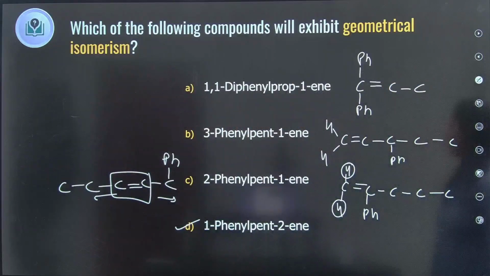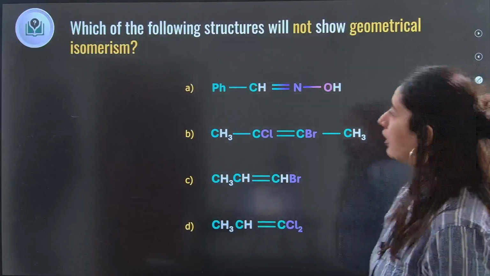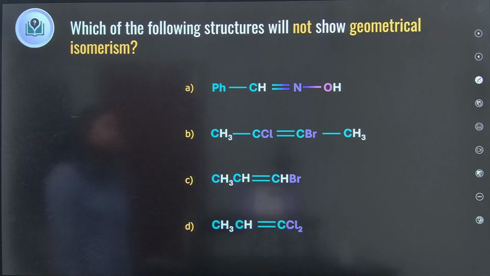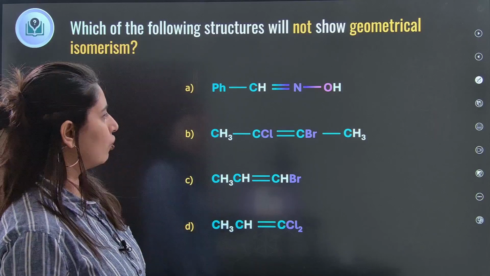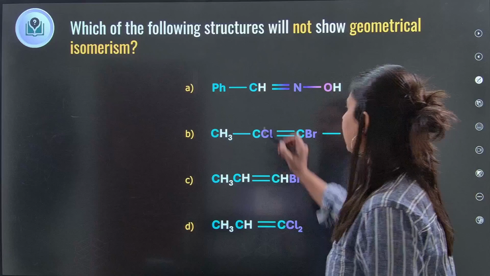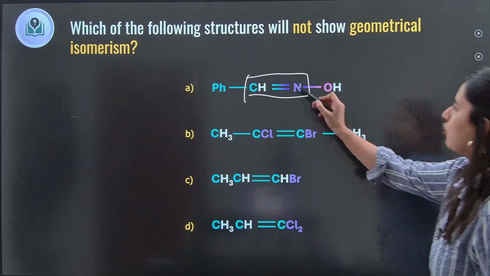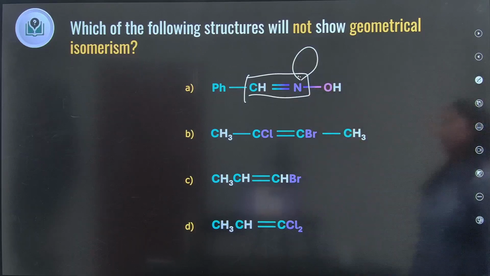Okay, I hope you could match with the pace. It was actually like a rapid fire. Another one we can do very quickly, like a rapid fire. Which of the following structures will not show geometrical isomerism? Not show. So now I am sure the clarity on oximes is already high definition, crystal clear, that one of the groups is to be considered for a lone pair, right?